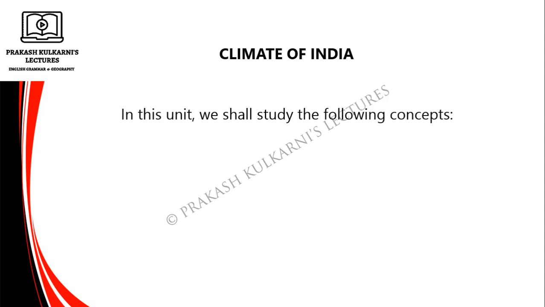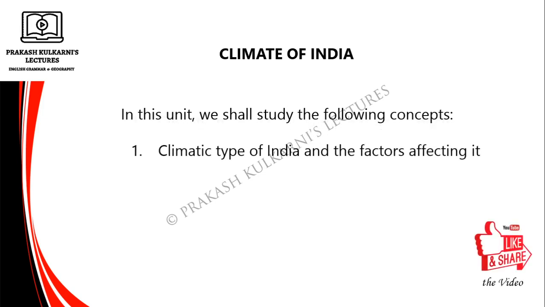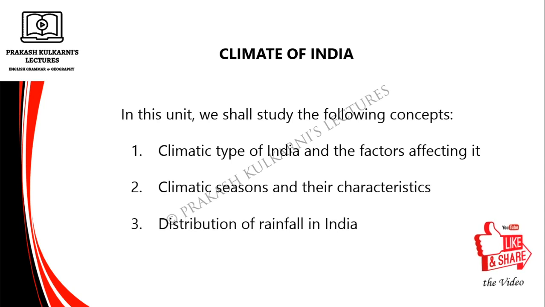In this unit, we shall study the following concepts: the climatic type of India and the factors affecting it. Second one, climatic seasons and their characteristics. The third concept is distribution of rainfall in India.